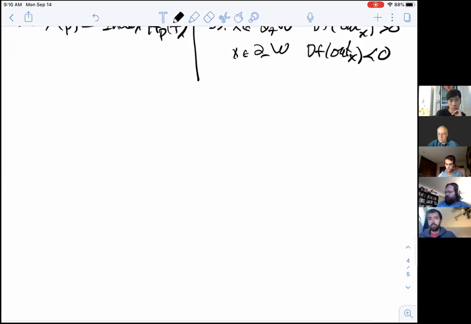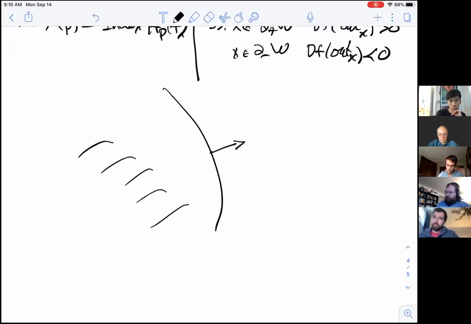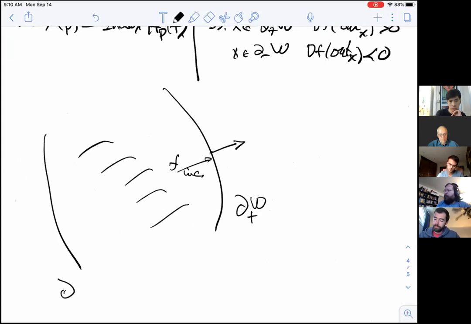So our picture is, here's the manifold with boundary, and here's an outward pointing tangent vector. If this is part of boundary plus, then the function is increasing. So f is increasing as we go in this direction. Over here we have boundary minus, and f is increasing as we move into the manifold.